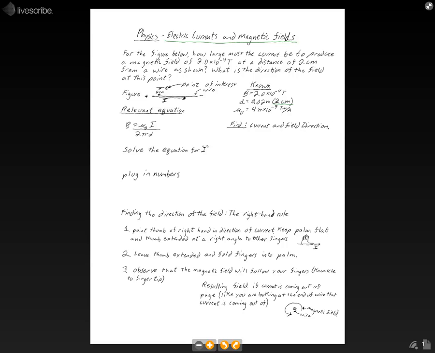And then our mu naught, which is a permeability constant for magnetic fields, is 4 pi times 10 to the negative 7th Tesla meters per ampere. What we are looking for are the current and the field direction.